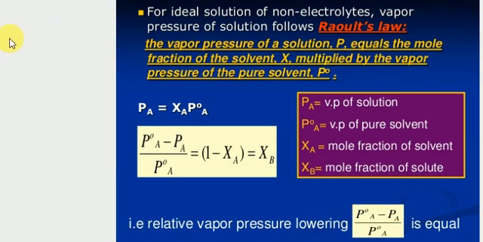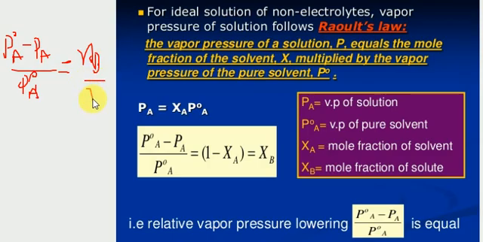So what will we get after neglecting it? P naught A minus PA by P naught A is equal to NB by NA.